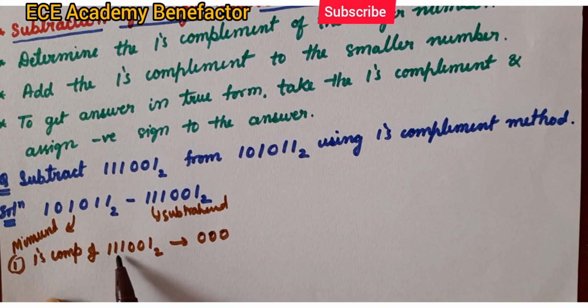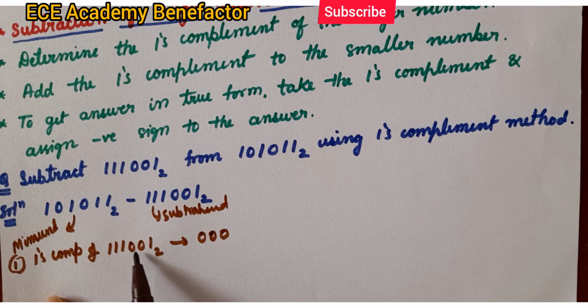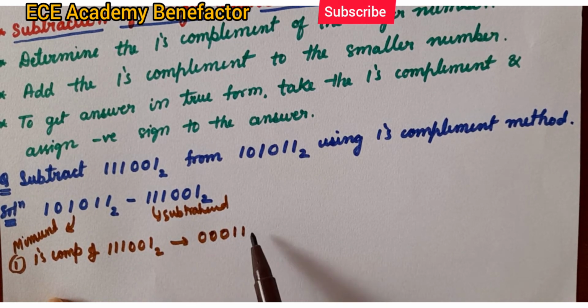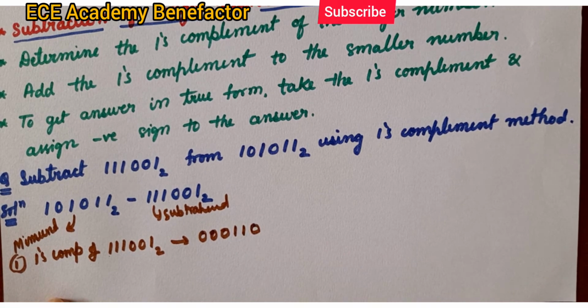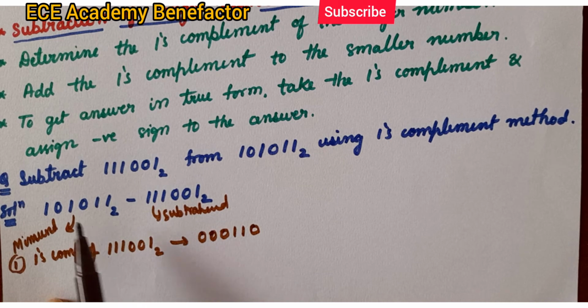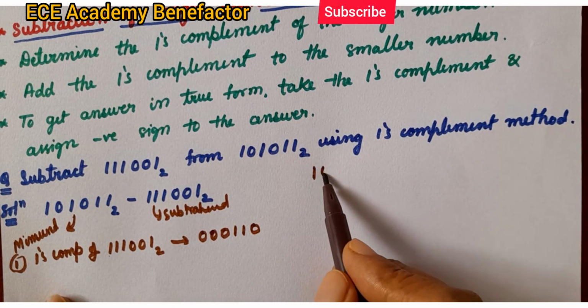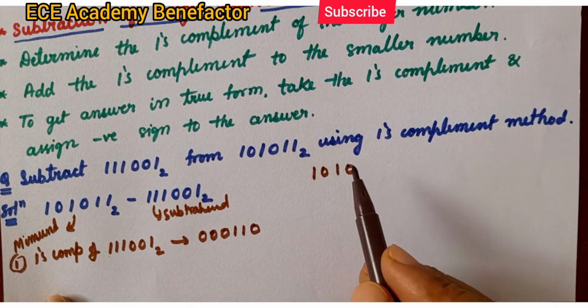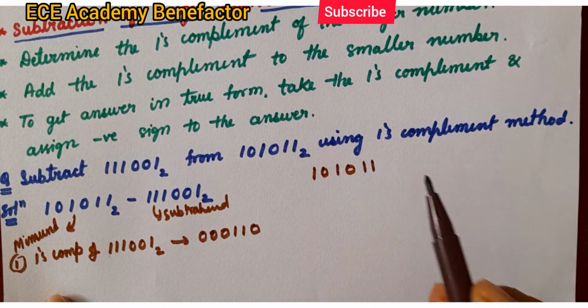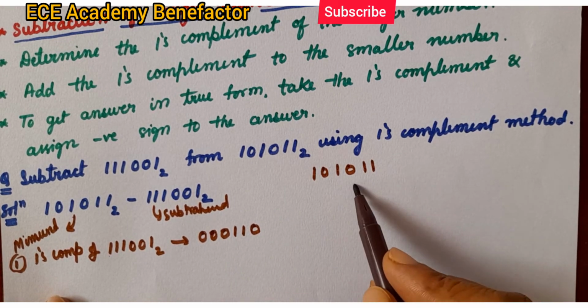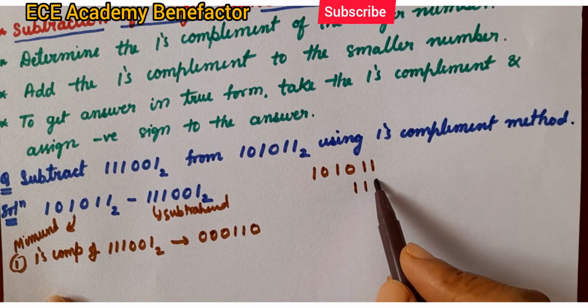Three ones are changed to 3 zeros, 2 zeros are changed to double 1, and this one is changed to 0. So, we got the ones complement. Now, I have to add this ones complement to the minuend, that is 1010111. Now, add this ones complement to this number, 0001110.